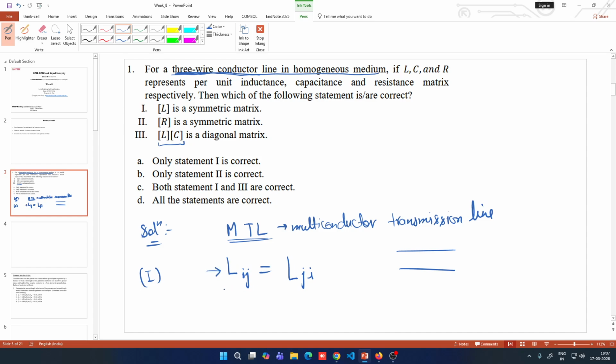So the first thing is clear: this will always be true for a homogeneous medium in L, C and R for a 3-wire conductor system. Hence the inductance matrix is a symmetric matrix.